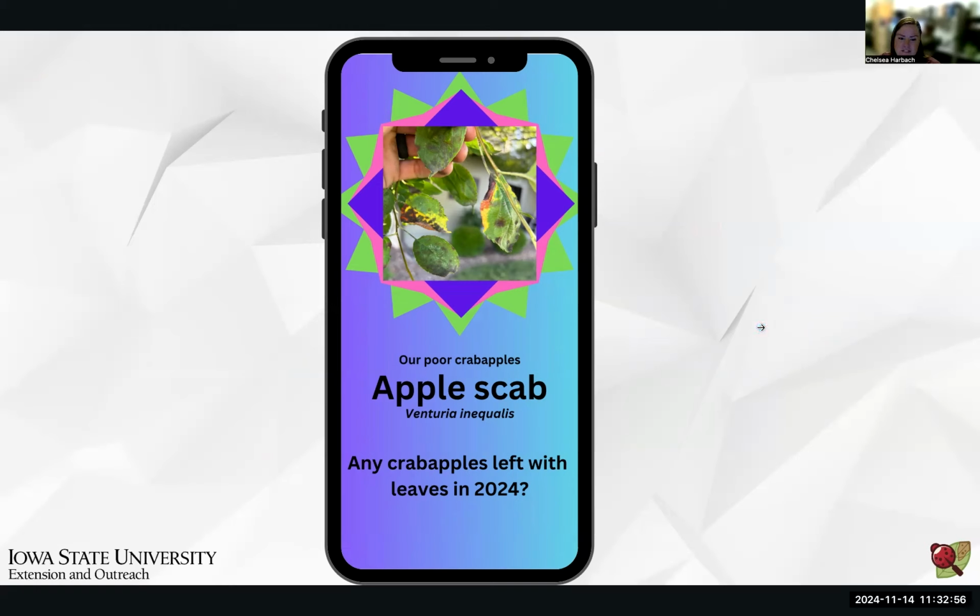This is a fungal disease caused by the fungus Venturia inaequalis, and not only did we receive a lot of samples that had apple scab this year, but I could just see it as an issue in the landscape across Iowa, and even into Northwest Illinois, where I'm from, so I had to tell my mima that her crabapple was not dead, that it was probably just apple scab.